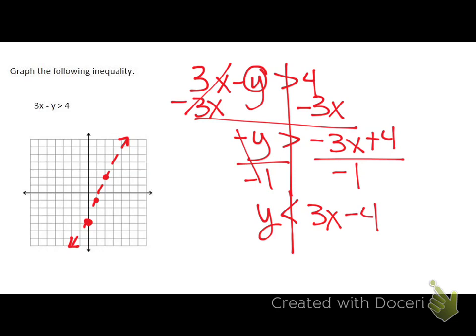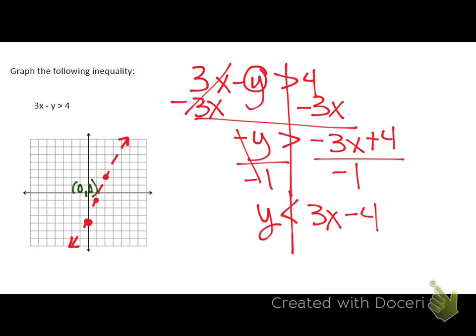If you have your notes out, what's my third step going to be? Figure out whether or not you shade. I determine how I'm going to shade based on a test point, which usually I want to use 0, 0. The only time I can't use 0, 0 is if the line crosses through the origin. So I go up to my original inequality and substitute 0.